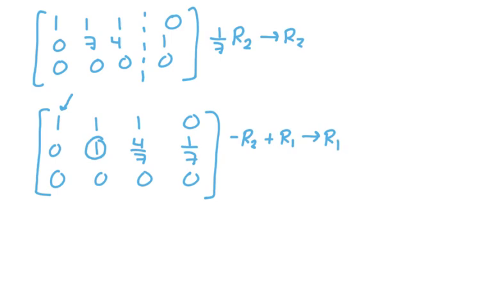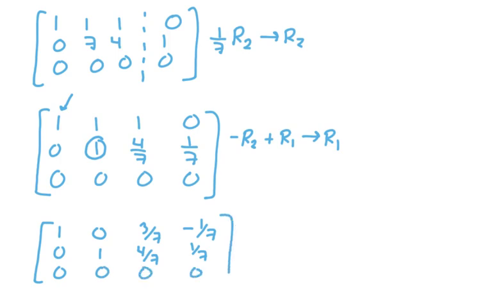Okay? Now, when I do that, I get 1, 0, 3/7, negative 1/7. That's the first row. 0, 1, 4/7, 1/7 is the second row, and then 0, 0, 0, 0 is the third row. And this matrix is in reduced row echelon form.